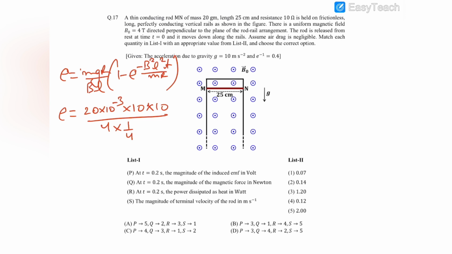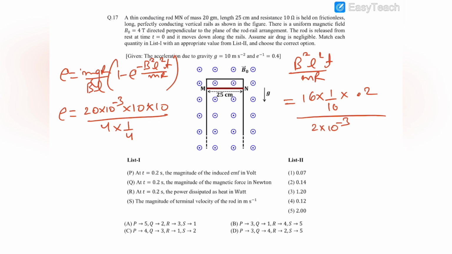Okay, and for B square L square t by mR, B square is 16, L square is 1 upon 16, and t is 0.2 divided by m, which is 2 into 10 raised to the power minus 2, and R is 10.